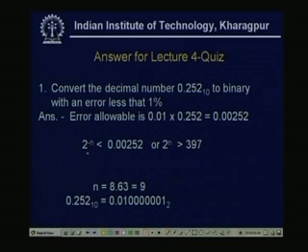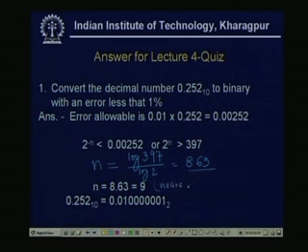So, 2 to the power minus n is less than 0.00252, that can be written as 2 to the power n greater than 397. From this expression we can get n if I take the log on both sides, then it will be log of 397 divided by log 2, and this value is equal to 8.63. Now, as n is the number of bits, it should be an integer value, and that is why we take the nearest integer, which is 9.